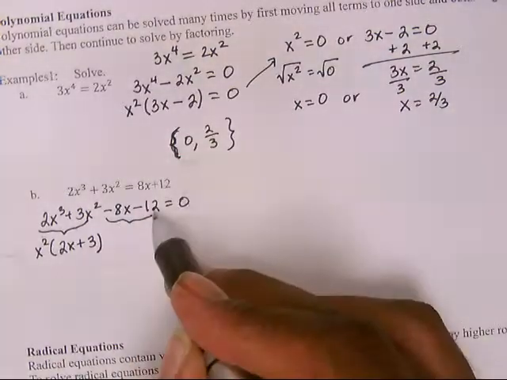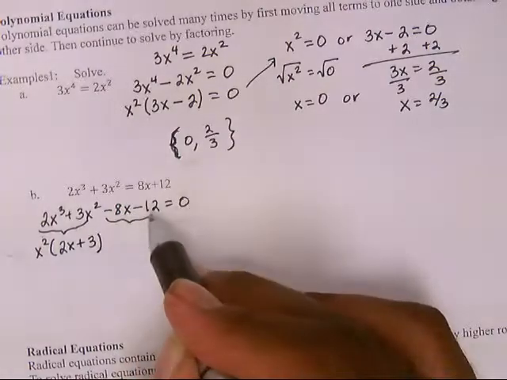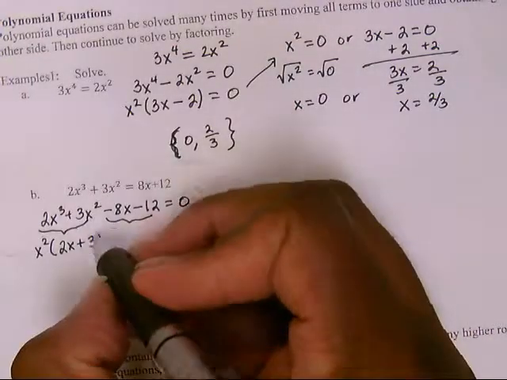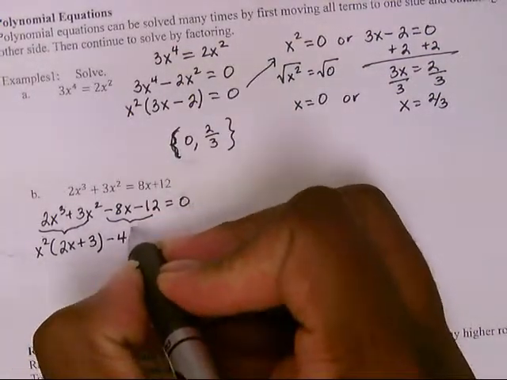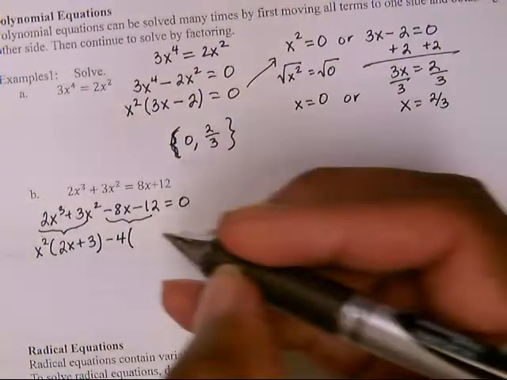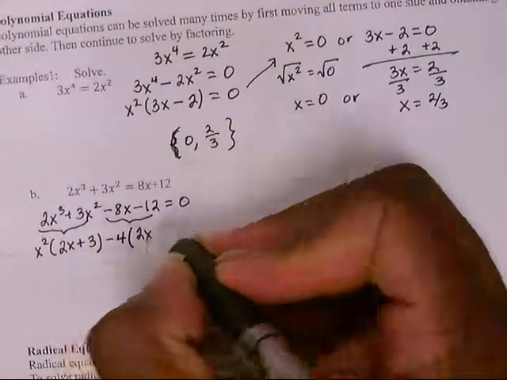Now for the minus 8x and the minus 12, I need a common factor that's in minus 8x and minus 12. That's going to be minus 4, since they're both negative. So I'm going to factor out a minus 4. Here when I do minus 8x divided by a minus 4, that's going to be 2x.